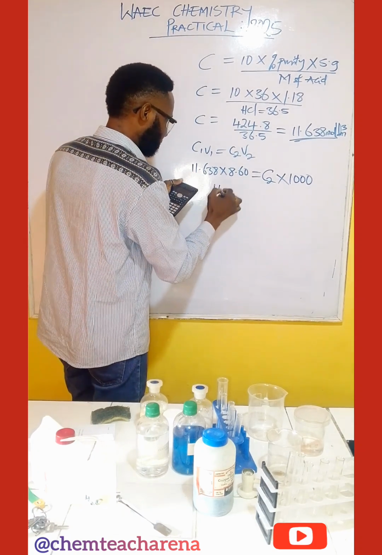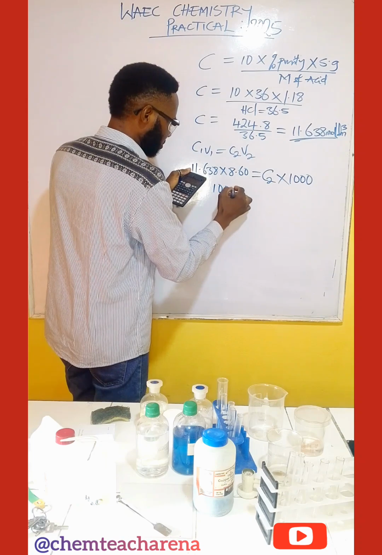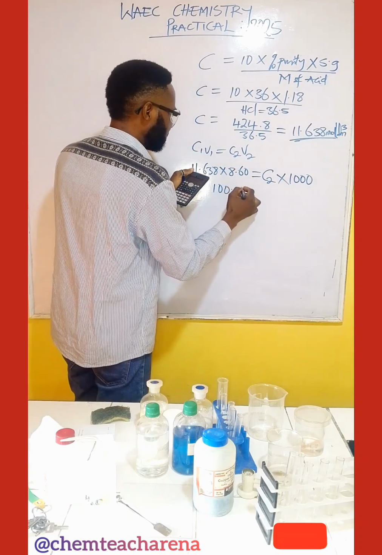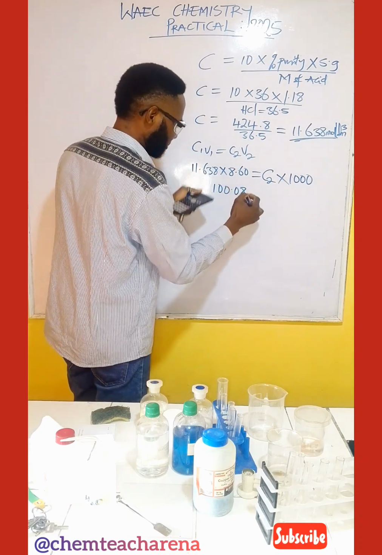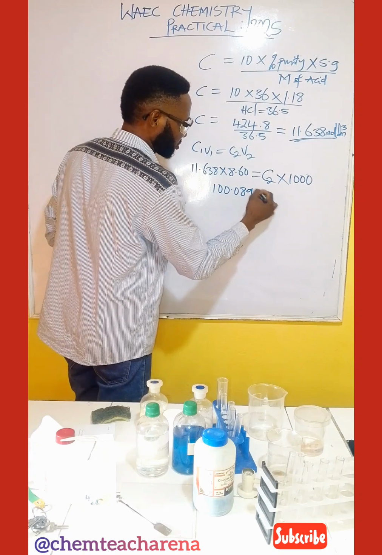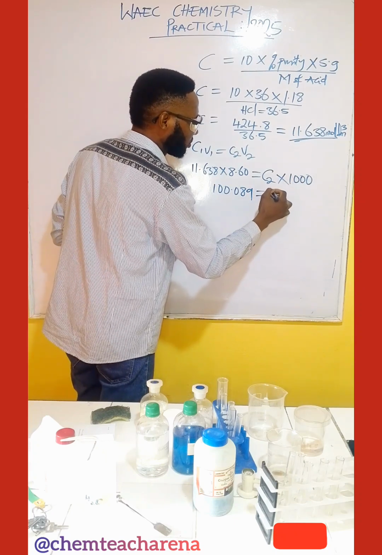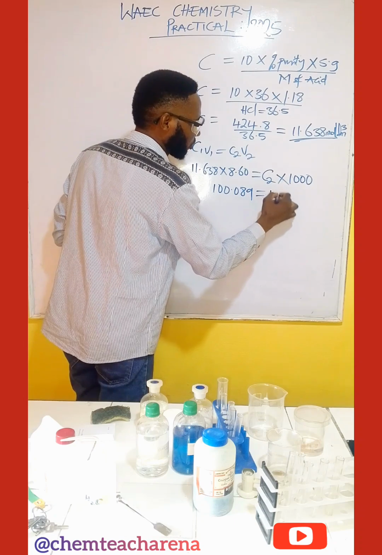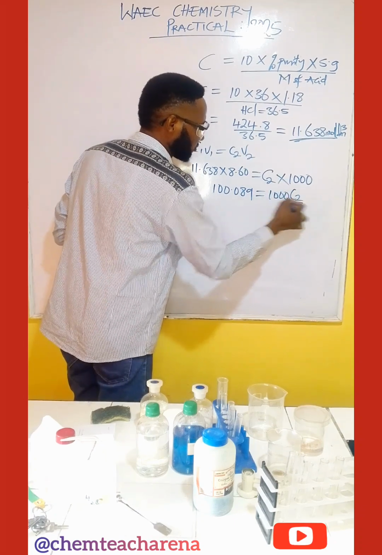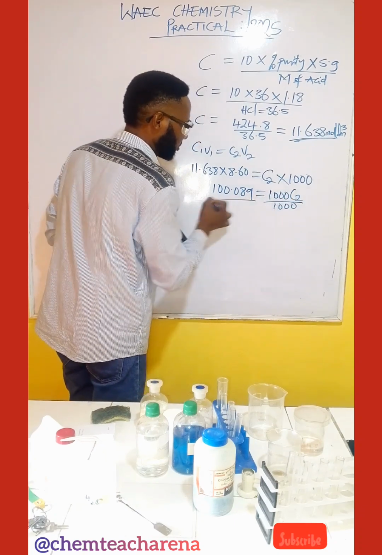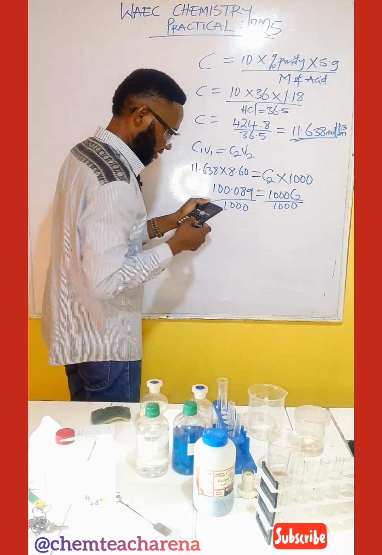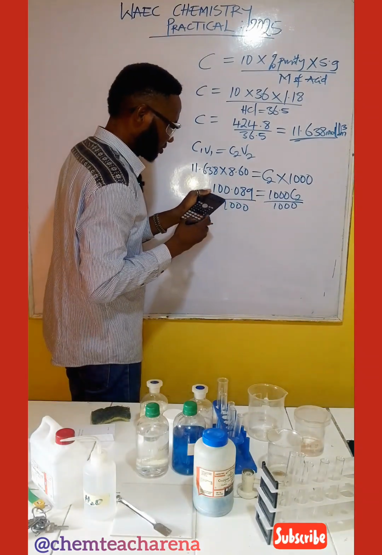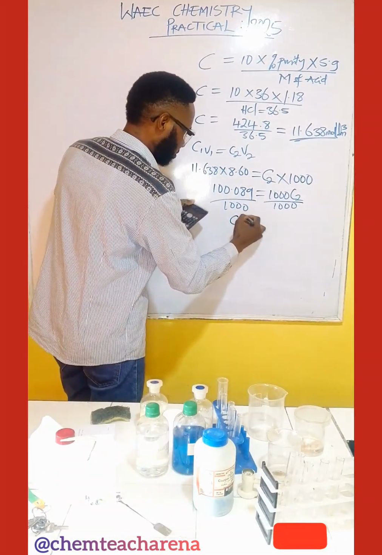We have 100.089. So I decided to use almost all the numbers. Then you now have 1000 C2. You divide both sides by 1000. Everything here, just divide by 1000. So my C2 here becomes what?